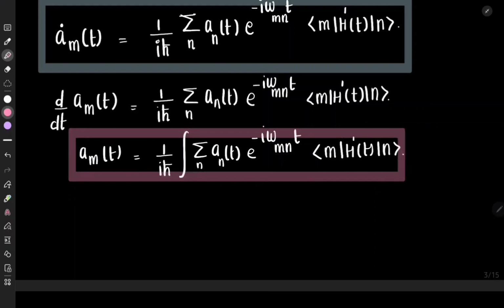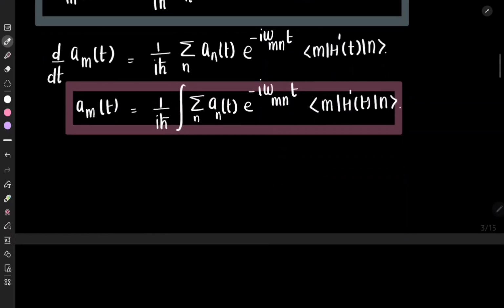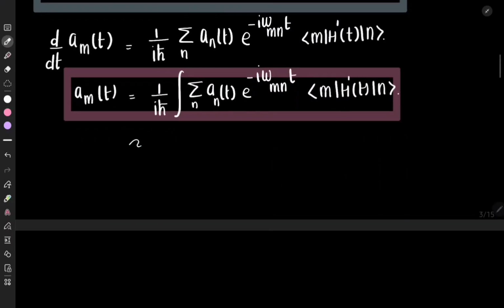So far, we have not done any approximation, but this equation is a coupled differential equation, which implies the mth coefficient depends on all other coefficients in the set. For example, if I take 10 states, then there will be 10 differential equations. So we are going to make a small approximation here to solve this coupled equation, which is called the first order approximation.